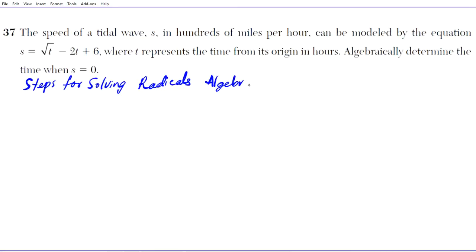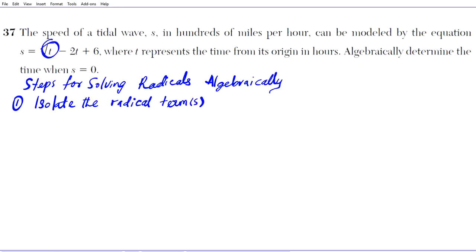It's very easy to do this with a calculator, but it's a different story when you're doing it by hand as required by this problem. So first things first, you want to isolate the radical term or terms. In this particular problem, there's only one radical term, so we're just going to be isolating one radical term.